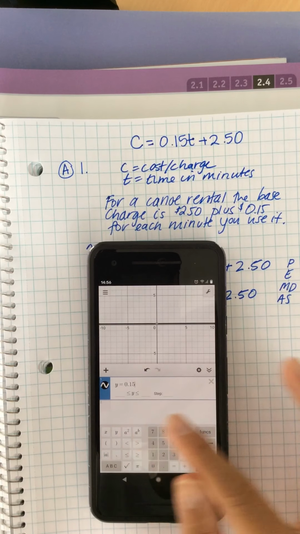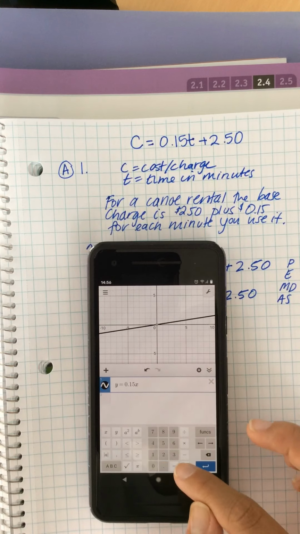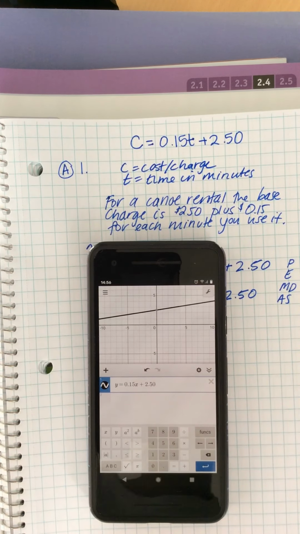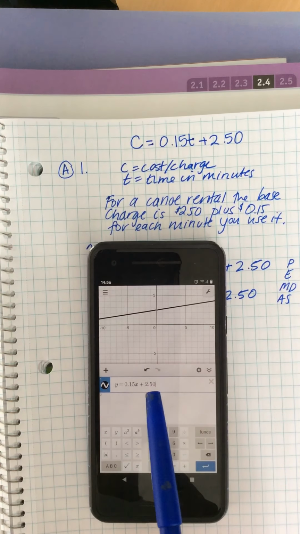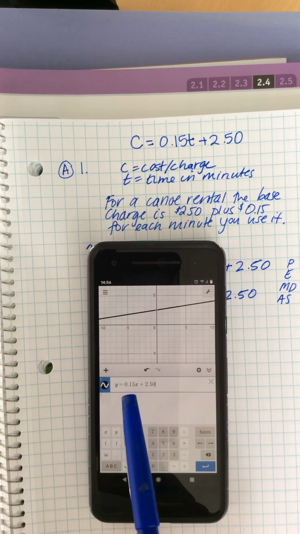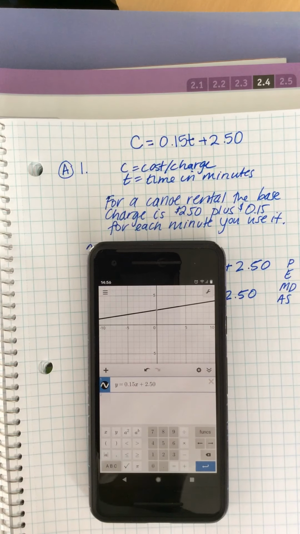And I'm just putting in an X instead of T, plus $2.50. So now hopefully you can see this is slope-intercept. It's just kind of flipped around a little bit. The y-intercept is 2.5, and the slope is positive 0.15, right? There's my y-intercept, there's my slope. So here's my graph.